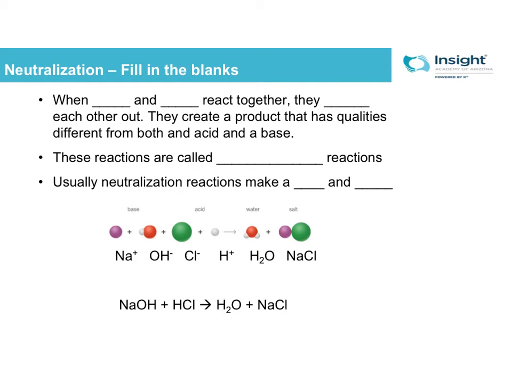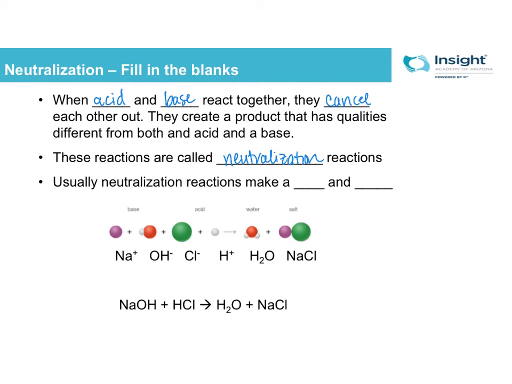So this is where that whole neutralization reaction came from, because something is giving away an H+, something else is giving away an OH-, and when you combine those together, that's how you get your water. If you recall from our last lesson, neutralization reactions occur when an acid and a base react together to essentially cancel each other out.